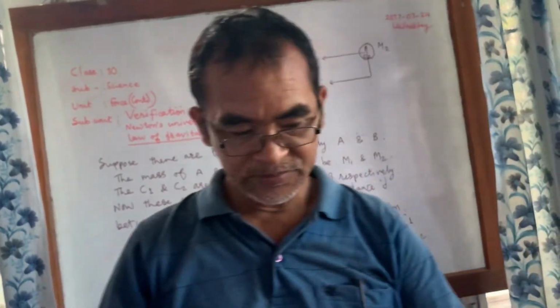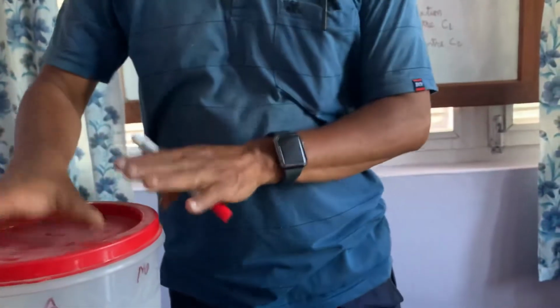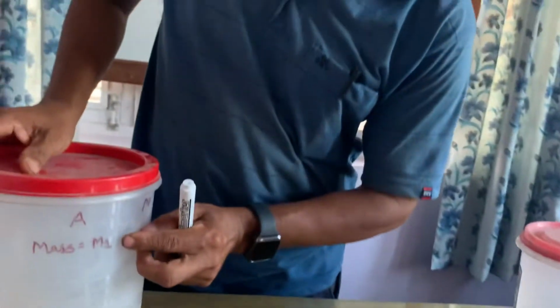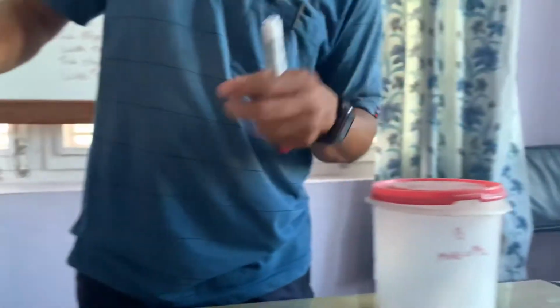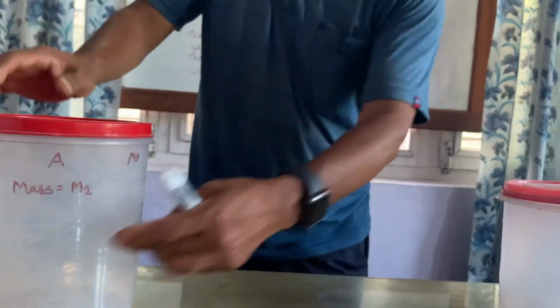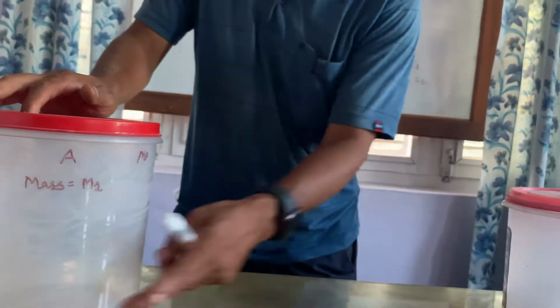Now see here. Object A and object B: its mass is m1, its mass is m2. Suppose its center is C1, its center is C2. Now they are separated by this distance d.